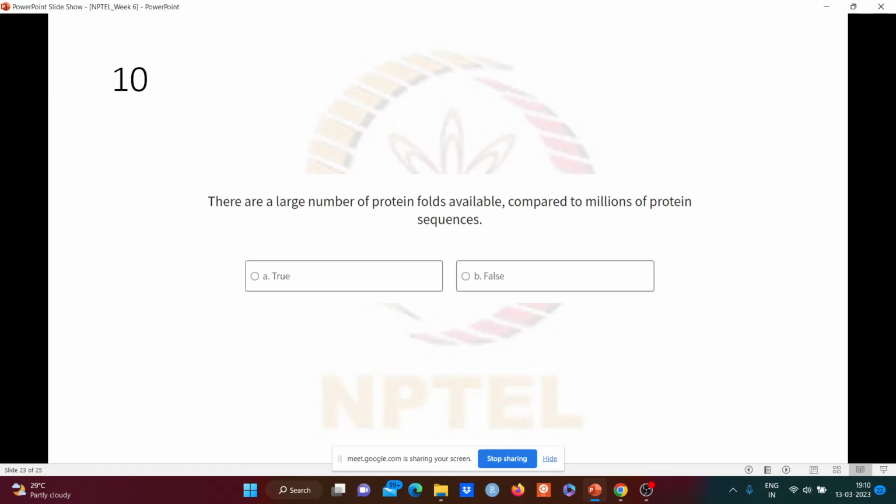Next, moving on to the 10th question. There are a large number of protein folds available compared to the millions of protein sequences. True or false?